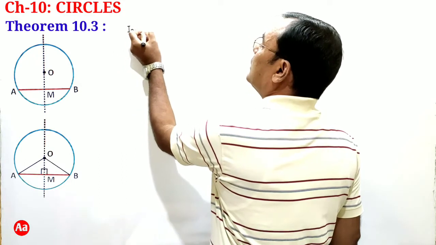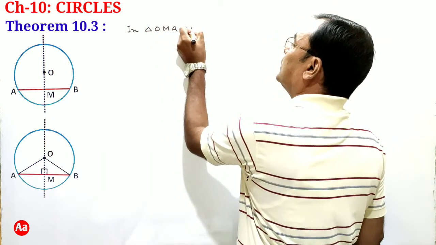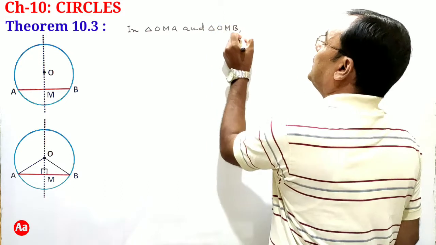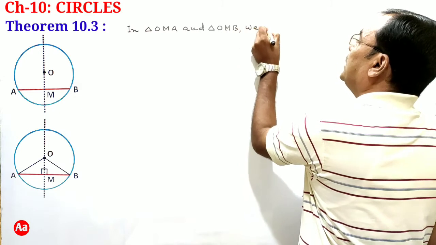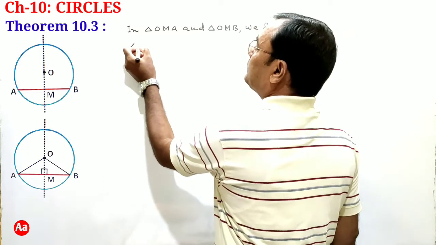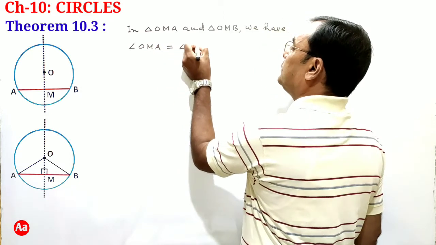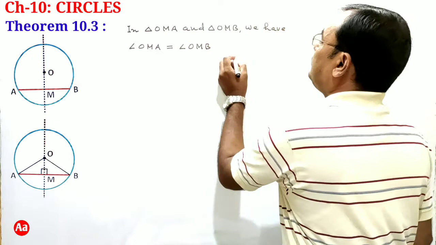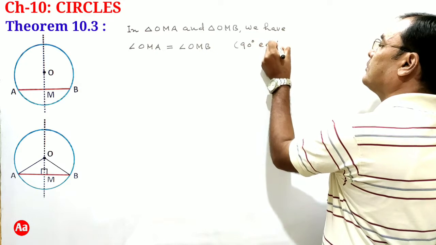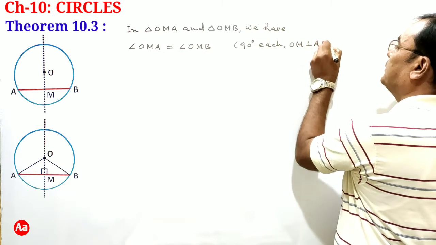In triangle OMA and triangle OMB, we have angle OMA is equal to angle OMB, 90 degrees each, as OM is perpendicular to AB.